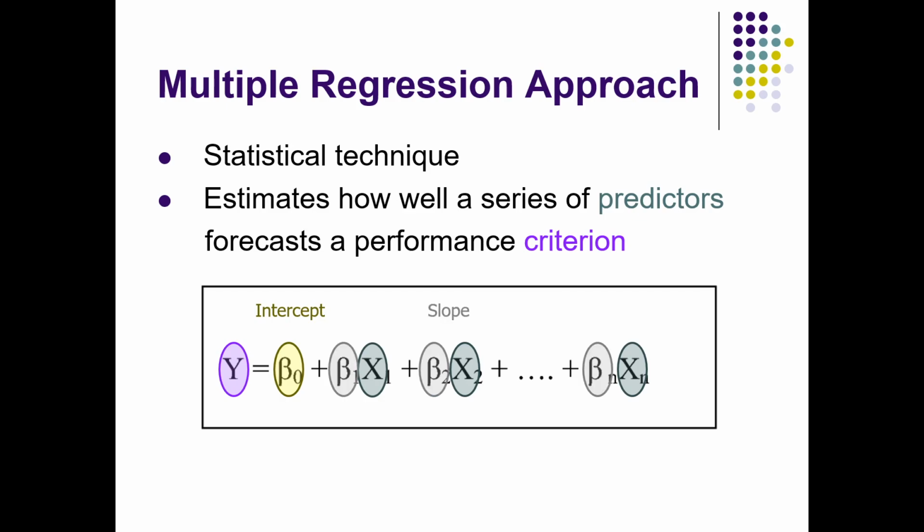And then the slope is the other B's that are paired, that are going to be multiplied by the X's, and that's going to tell us whether the slope of the line is flat, which means there is no prediction, or if it's tilted up to the right or down to the right. That tells us whether they're positively or negatively associated with each other. So it's going to tell us the slope, basically.